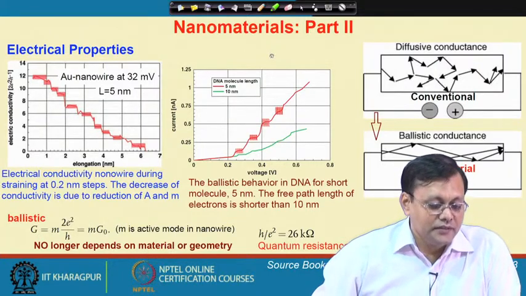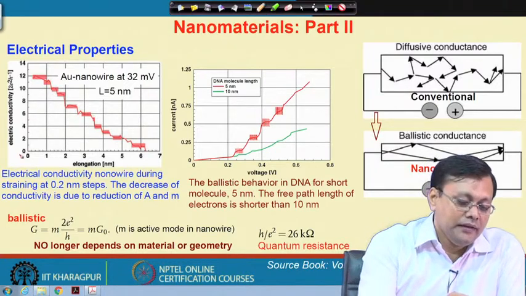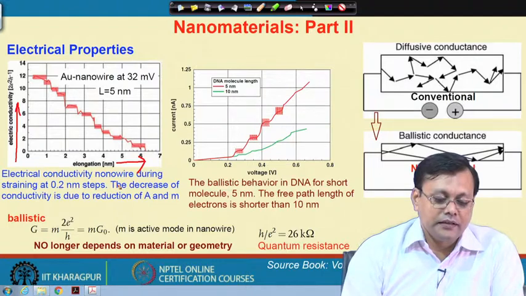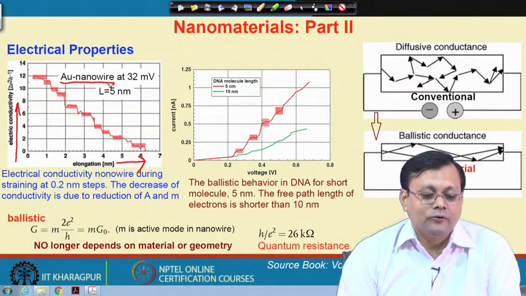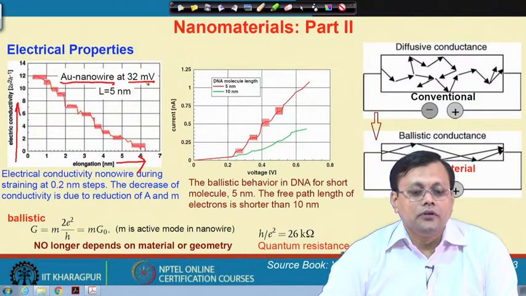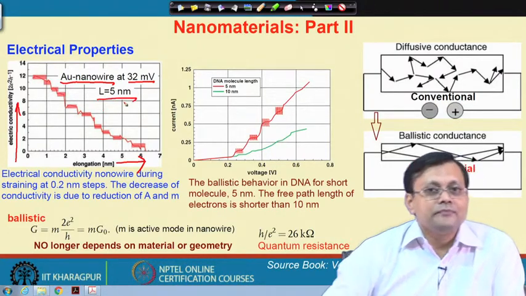The experiment is very interesting. Here I show you one plot with the electrical conductivity, and here is the elongation. It basically means that one has taken a gold nanowire, and the voltage applied was 32 millivolt, and the length of the wire was 5 nanometer.